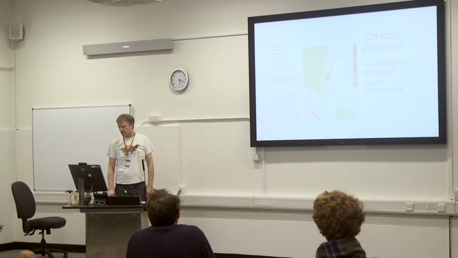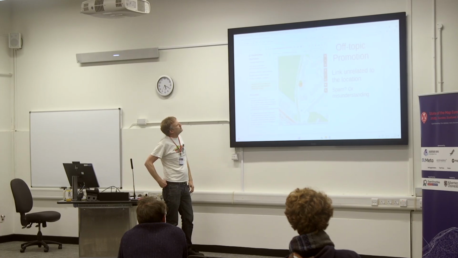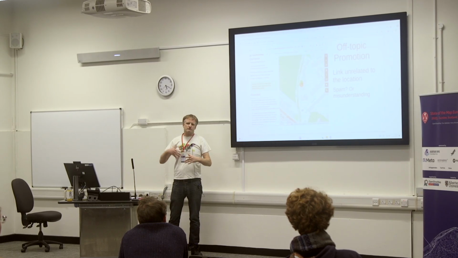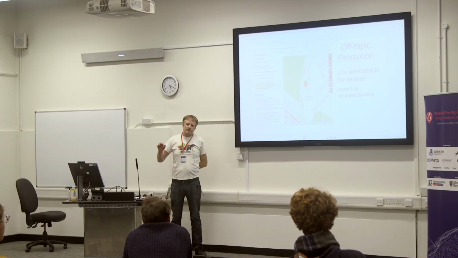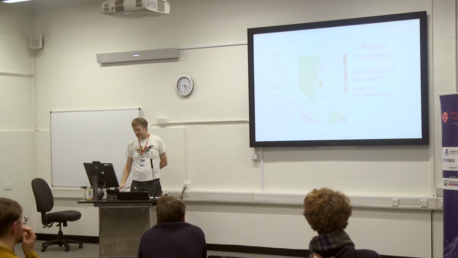Then there's stuff which you might call spam. I think we overuse the word spam, so I want to talk about abuse more generally. Here's an example. Somebody has written a note putting a link to their estate agent's shop, and they've put it on a residential building quite near where I live. I think they're probably trying to drive traffic to their estate agent shop, to get people who are interested in buying a house there to find it via notes, which of course is an abusive use of notes.